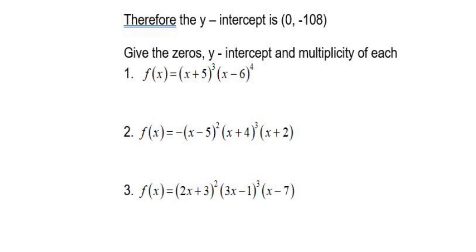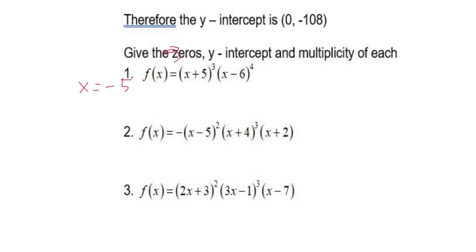Our first x value is equal to negative 5. And at that negative 5, we have an odd exponent.